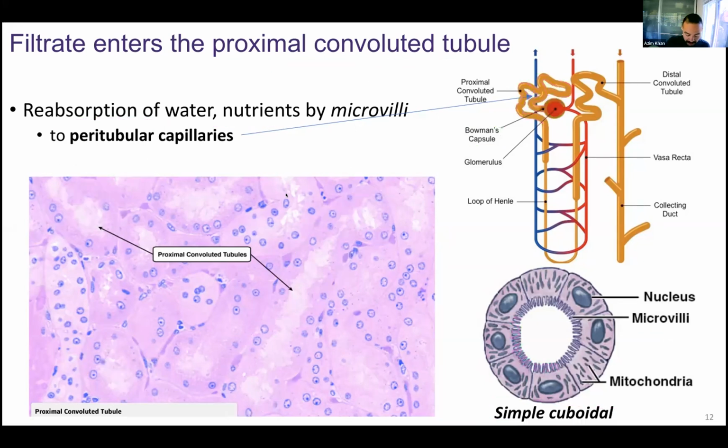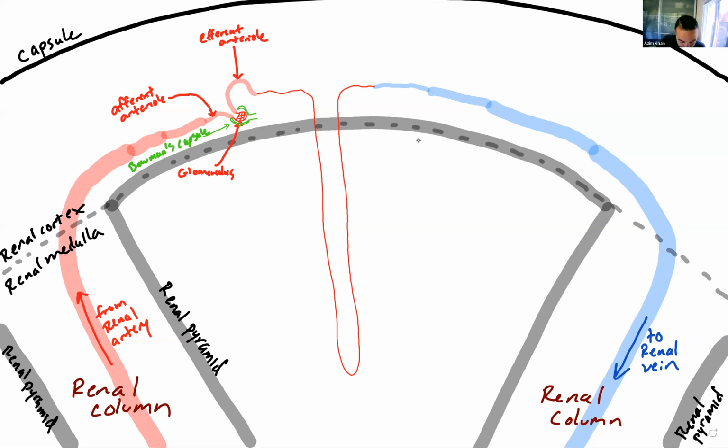Let's switch back to our drawing. Let's draw the next part. I'm going to simplify this and not draw it convoluted because that will be a huge pain. It'll get really confusing. But we're still in the cortex and we have simple cuboidal epithelium.